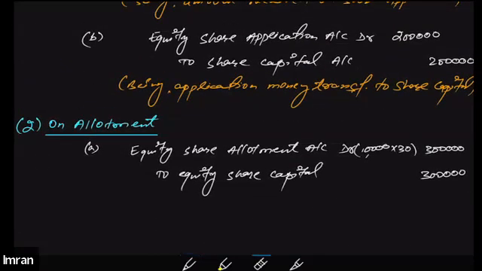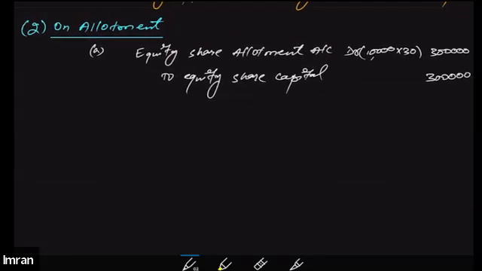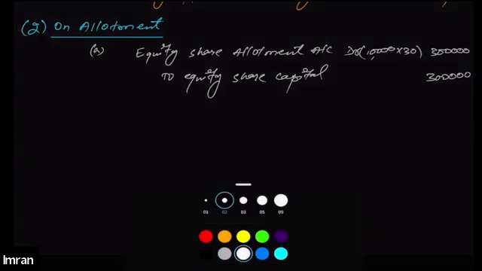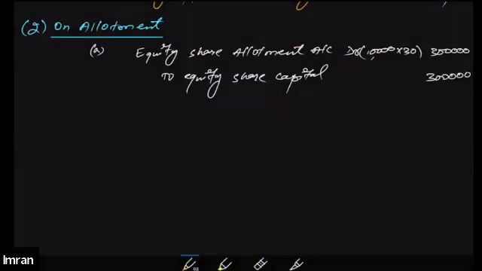Also, just do one thing. I think I missed this point here. Instead of share capital, you should write this as equity share capital. I'm sorry. Now moving on to the next part. This is the journal entry for the allotment due. And we need to pass one more entry, which is for the receipt of allotment money.